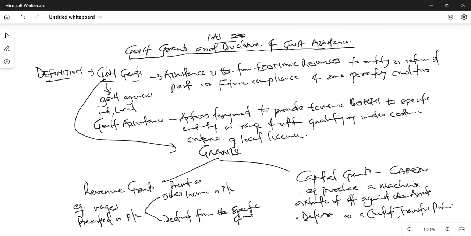So let's look at some figures in terms of the numbers and how you are going to treat it.